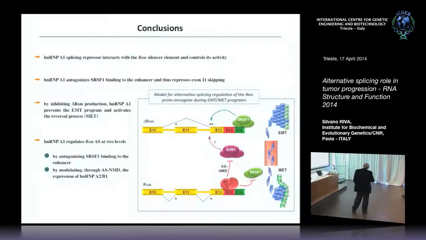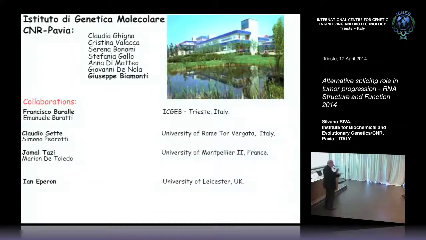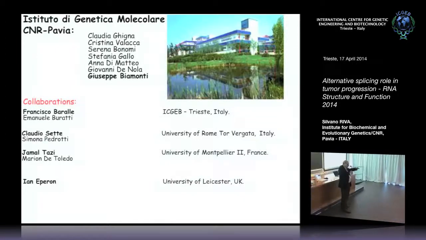And so you have either the EMT process, epithelial to mesenchymal transition, if you have this situation, or the opposite process if A1 prevails. Okay? So it's a very complex network with a hierarchy of factors that in the end produce a very dramatic effect on cells.